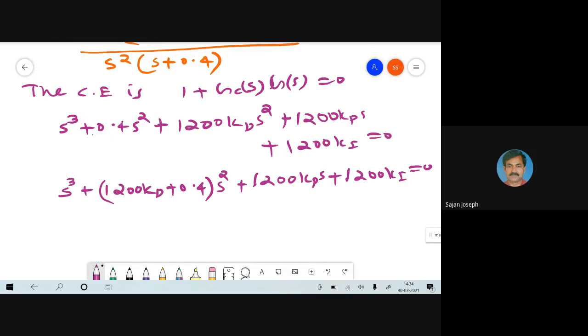You can see that Kp, Ki, and Kd are the three tunable or adjustable parameters. By modifying Kd, it is possible to control the coefficient of s², by modifying Kp, the coefficient of the s term, and by modifying Ki, the coefficient of the constant term.